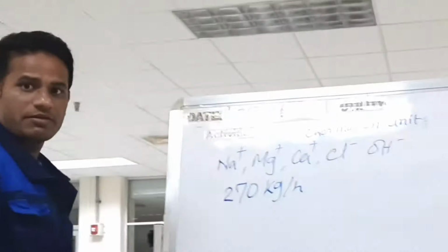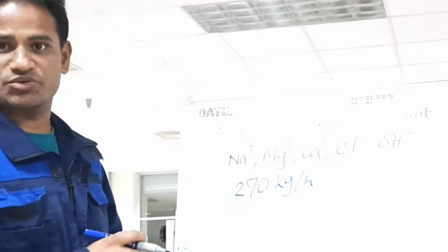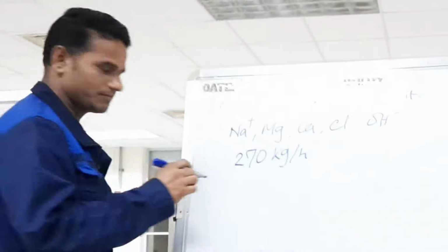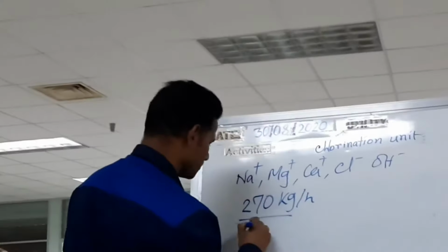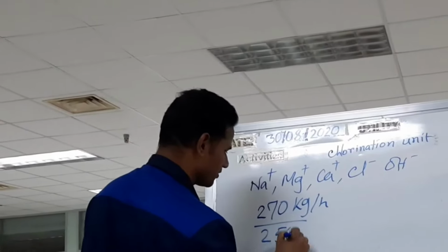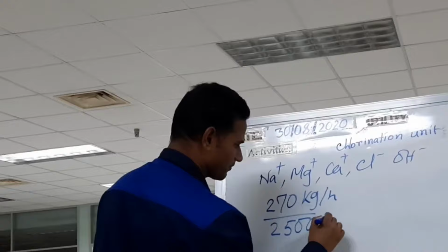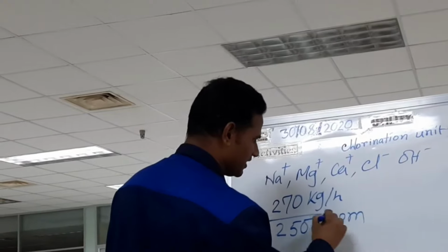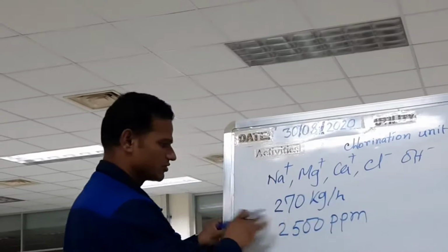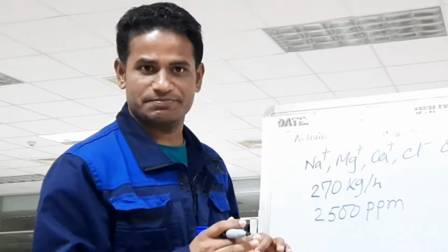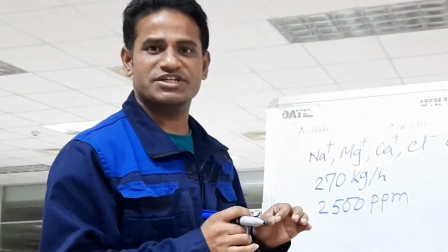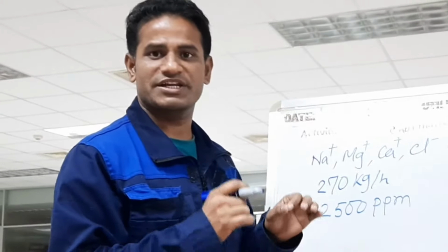But the chlorine concentration is 2500 ppm. Clear? So our chlorination unit capacity is 270 kg per hour and chlorine concentration is 2500 ppm.